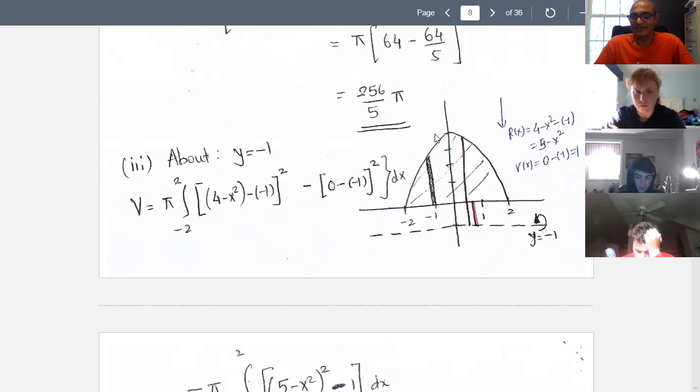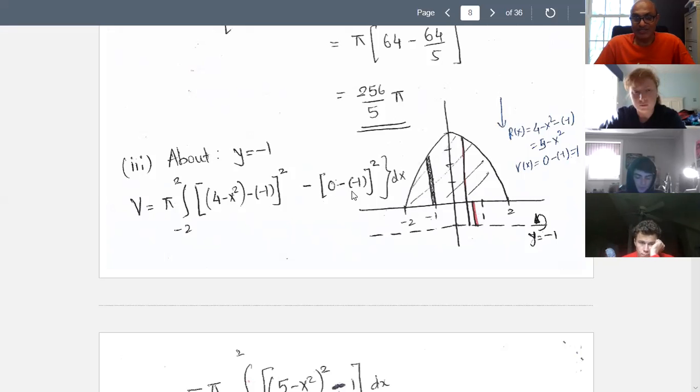And here it is the distance between the curvature and the axis of revolution, most top to bottom. So that's why it is 4 minus x square minus -1. And small Rx is the bottom part, y equal to 0 to y equal to -1. So 0 minus -1. Makes sense, guys?